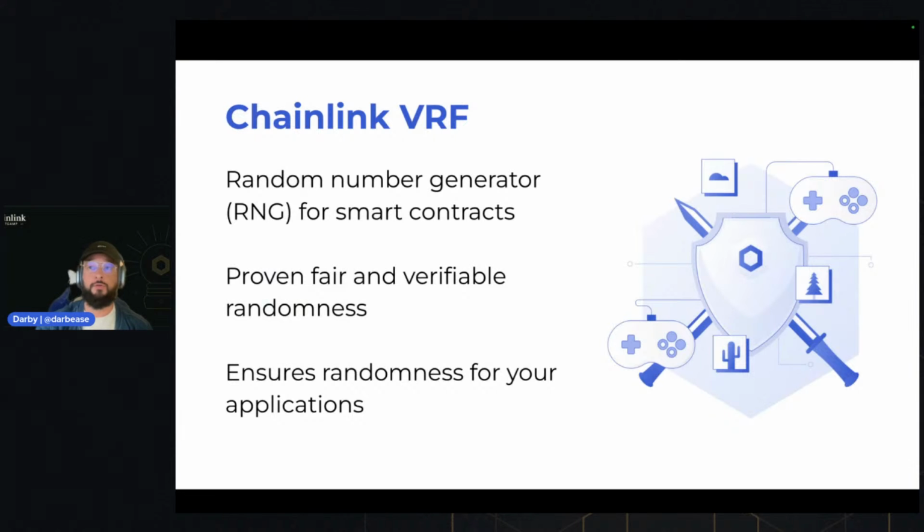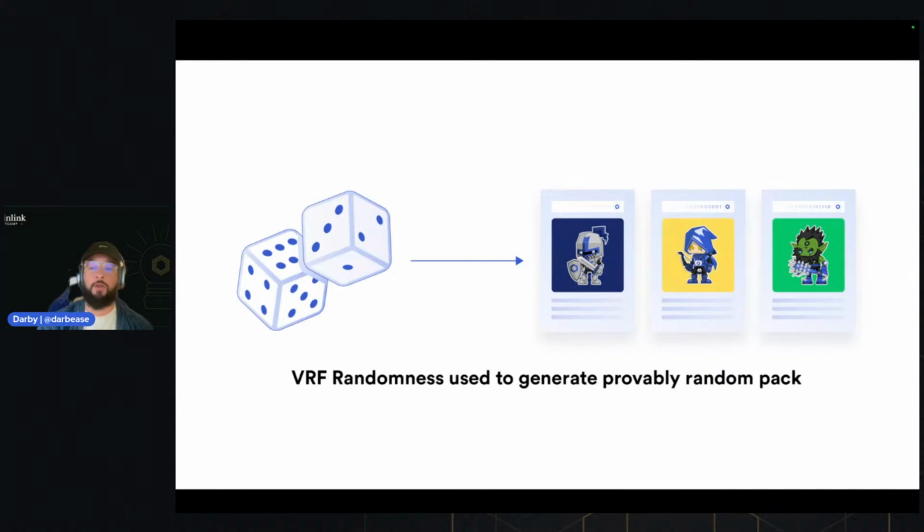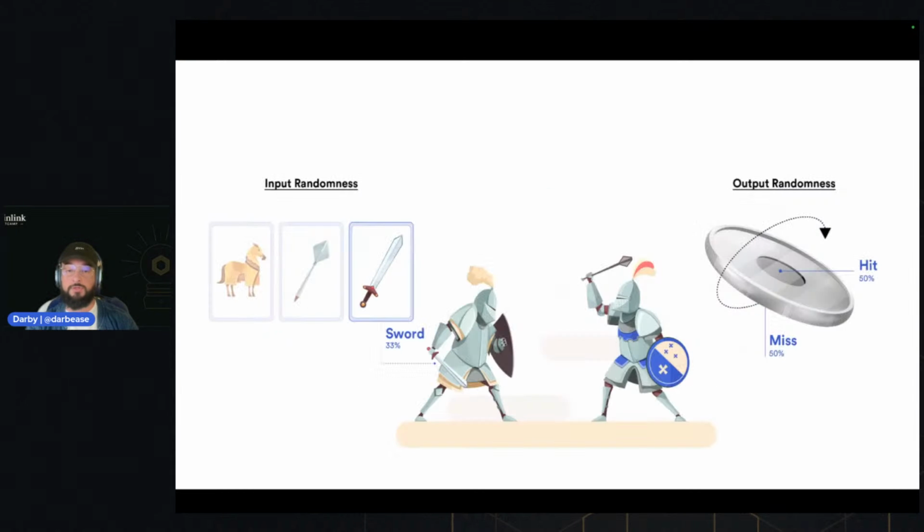Enter Chainlink VRF. Chainlink VRF is a random number generator for smart contracts. It's proven fair and verifiable randomness, and it ensures randomness for your application. This also happens off chain and then gives you a proof of the randomness for your logic on chain. Randomness can be used to provide random numbers for a game, whether you're randomly distributing different characteristics or traits for NFTs, or within games, whether it's loot and other rare items.